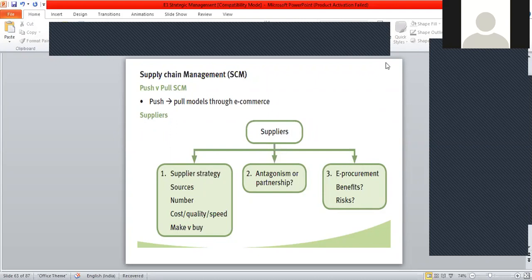Okay. Then we see the pull system is the other way around. The starting point is from the customer.